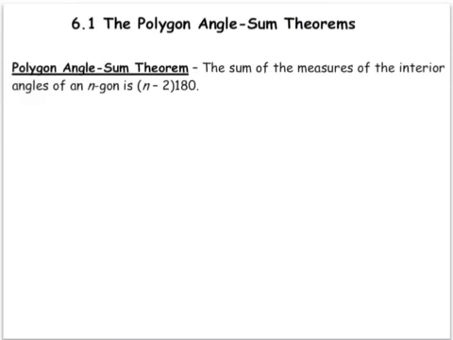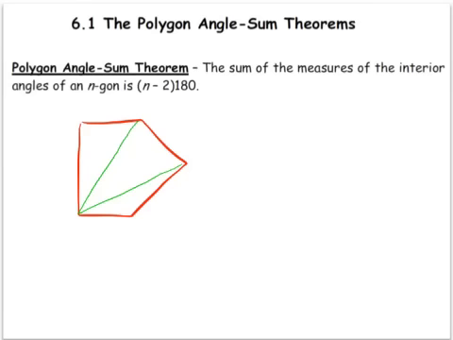For example, let's draw a pentagon of sorts here. If we think about constructing the triangles in this pentagon, you would want to start with one of the vertices, and you only want to work from one of the vertices. So there would be one triangle, two triangles, and three triangles.